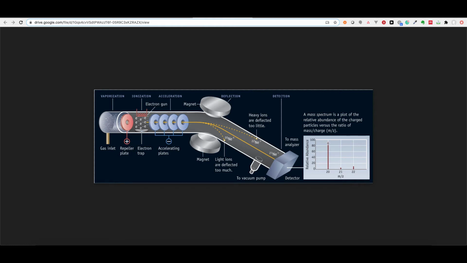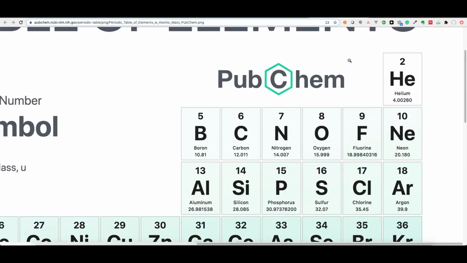In other words, you take 90.48% of the mass of neon 20, and then you take 0.27% of the mass of neon 21, and then you take 9.25% of the mass of neon 22. Average those, and that's what goes in to create the mass that you see on the periodic table.